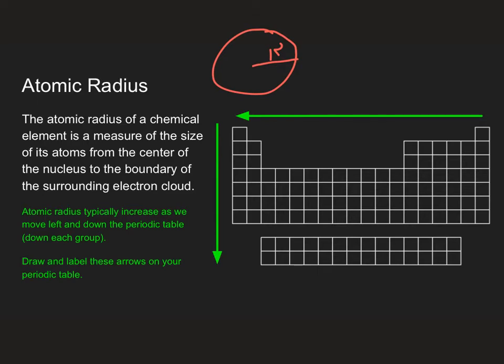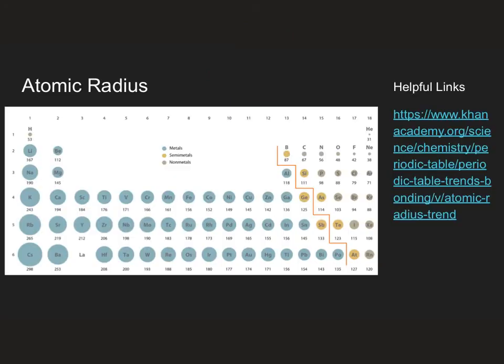And the overall size of it tends to increase as you go from right to left and from top to bottom. This is just a greater visualization of that atomic radius, and you can actually see them getting bigger as they go from right to left and from top to bottom.